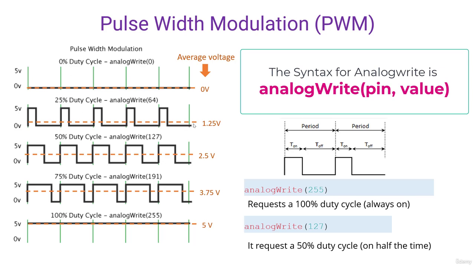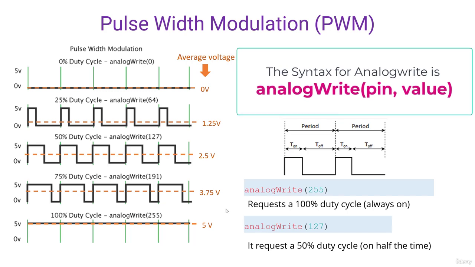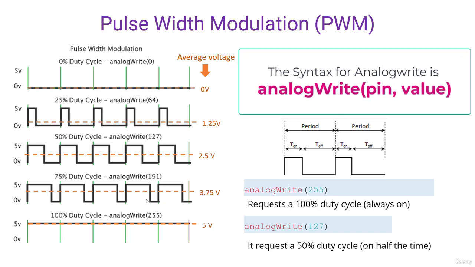For 25% of output, we can write analogWrite 64, which is 1/4 of 255. Then for 50% duty cycle, we can write half of 255, that is 127. For 75%, we can write analogWrite 191. And for 100%, we'll use analogWrite 255. Remember, the syntax for analogWrite is first analogWrite, then the pin number, then these values.